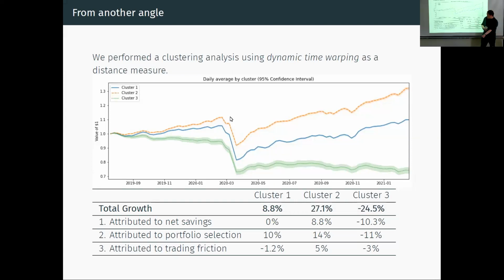So cluster 3 are clients who panicked and withdrew from the market, and cluster 2 are clients who continued doing what they did before the market crash.